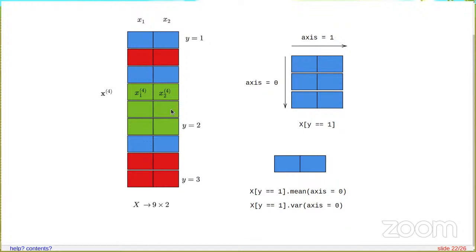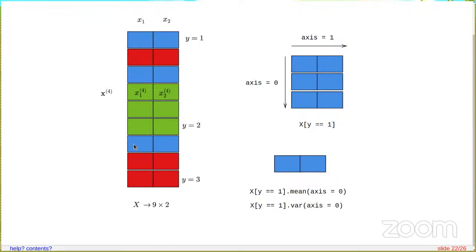Assume that you have your feature matrix. Whatever you have on your left here is a NumPy array of size 9 cross 2. All the blue colored ones are class 1, green ones are class 2, and red ones are class 3.